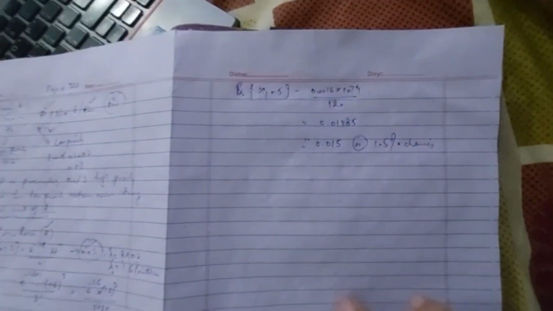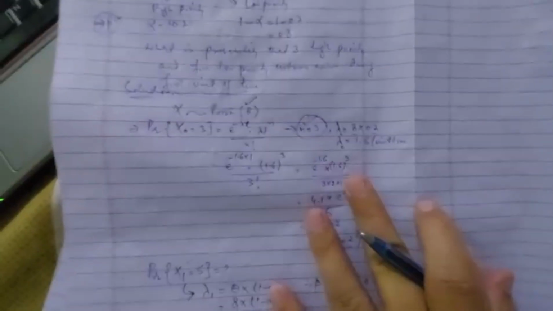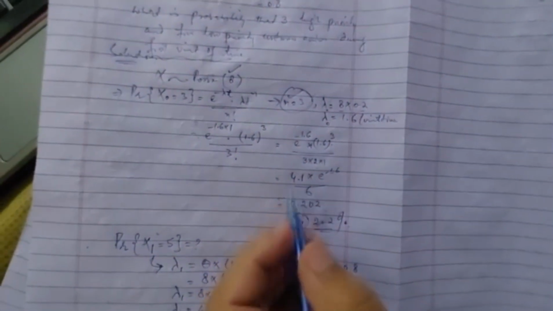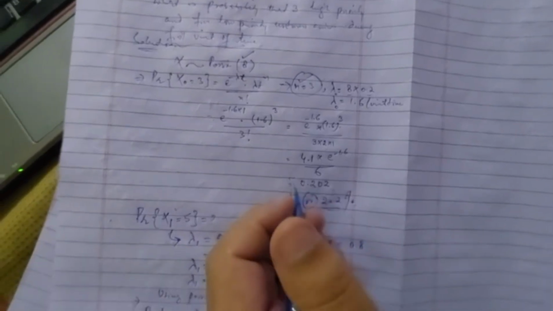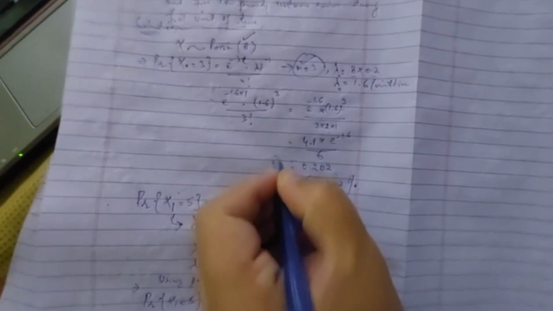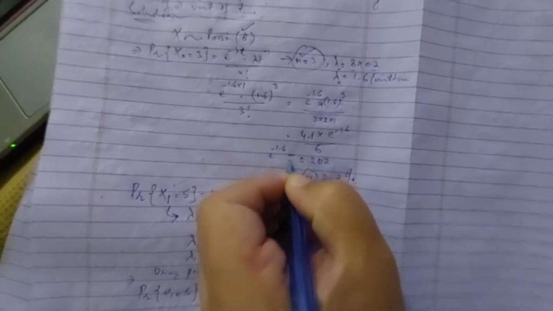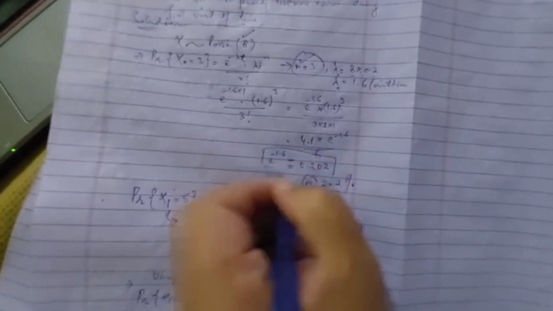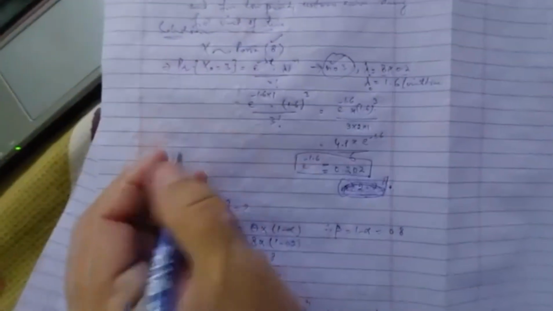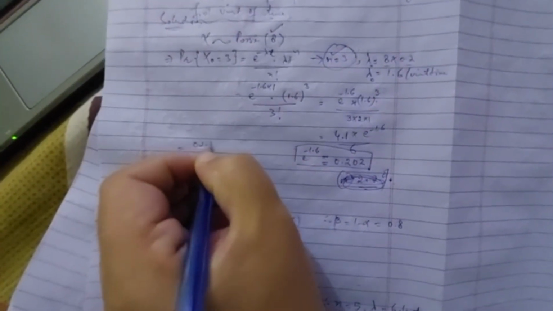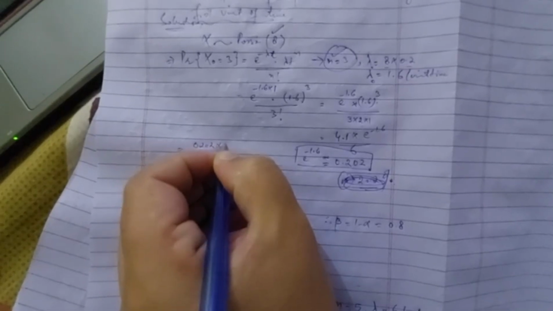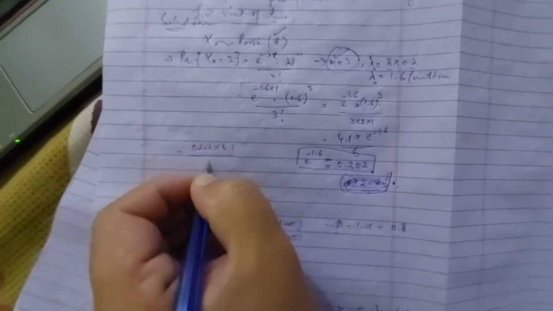I made a mistake prior to this, because this value is the value of e raised to the power minus 1.6. So putting the values, we get 0.202 multiplied by 4.1 divided by 6.